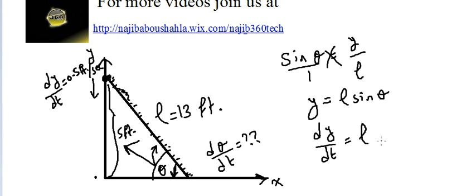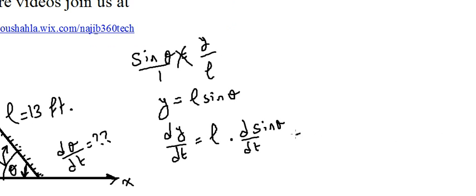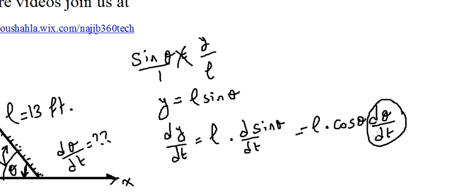L is a constant, so we leave it outside and differentiate sine theta with respect to t. So dy/dt equals L times cosine theta, and what is left is d theta/dt, which is exactly what we need: the rate of change of theta with time.